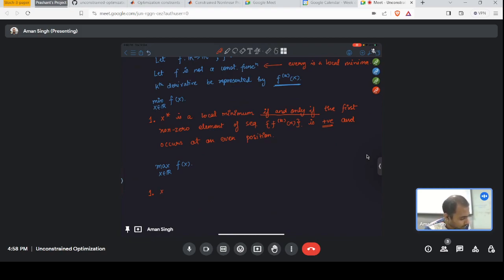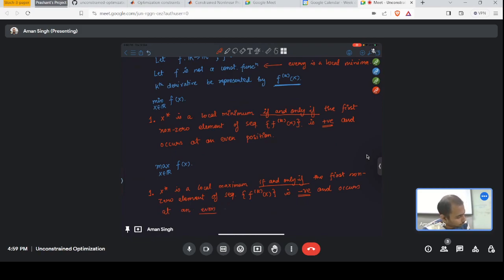So x* is a local maximum if and only if the first non-zero element of sequence f^k(x) is negative and occurs at an even position.